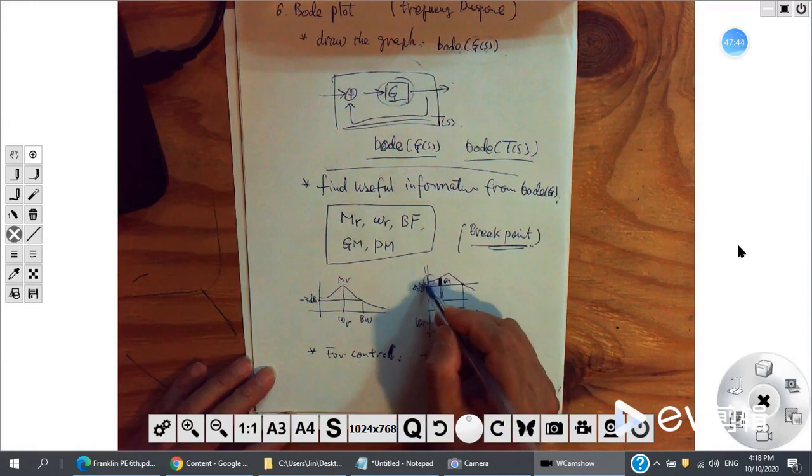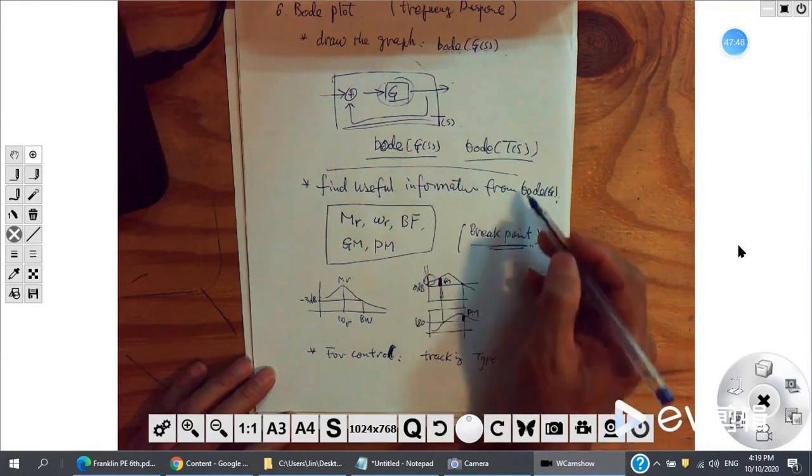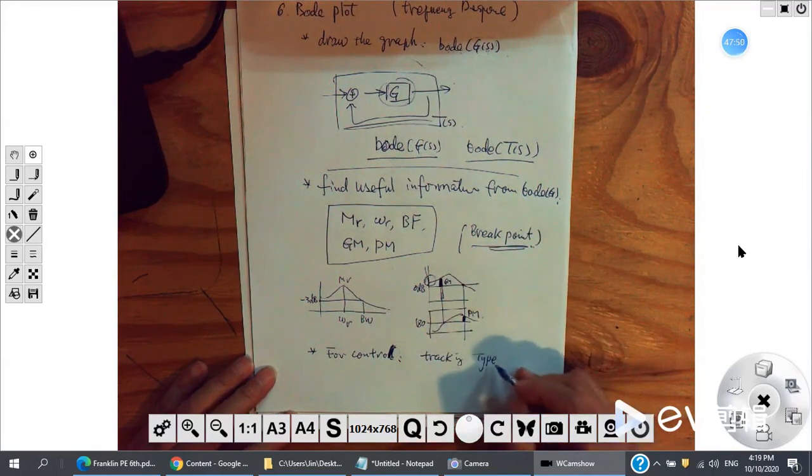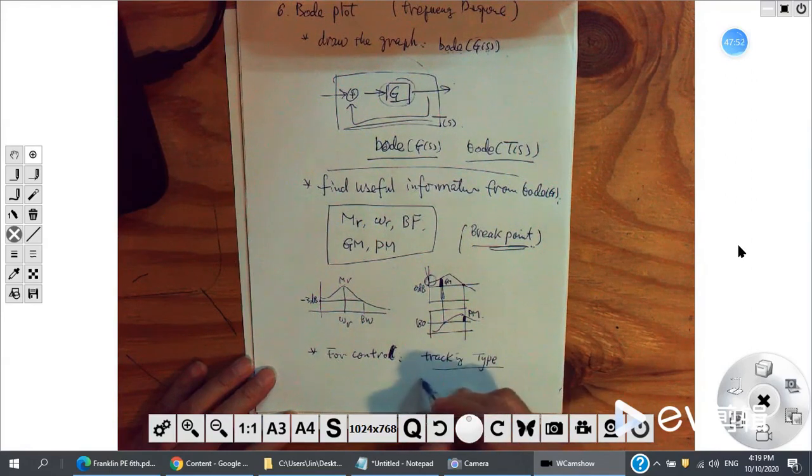The slope at this point gives you a power in the G. Then the tracking type of this one.